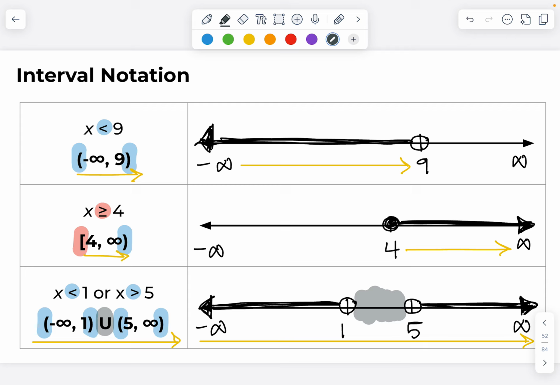Anytime I have a U, that represents that gap in my number line. This is called a union. This is the symbol for union. You can think of this as an and. You literally can just think about this as anything less than 1 and greater than 5 is our set of possible solutions.